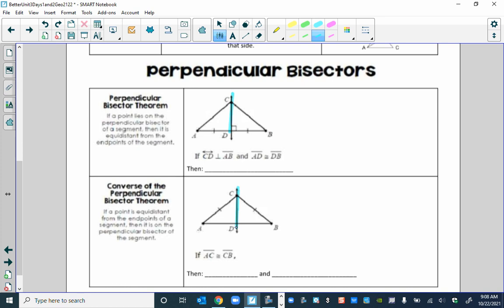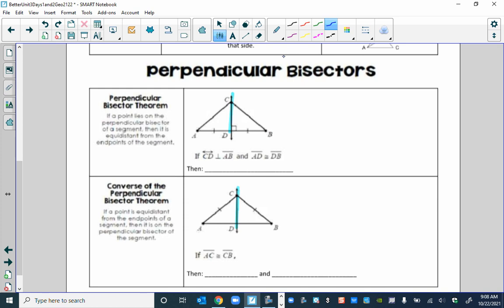So all they're telling us then is with a perpendicular bisector, you have a line that goes right down the center part of your triangle, and it cuts this triangle exactly into two smaller triangles.